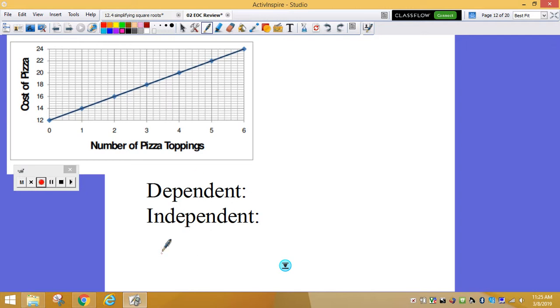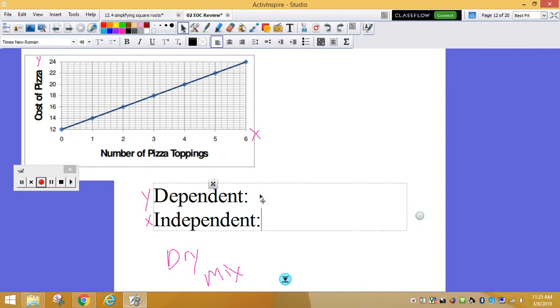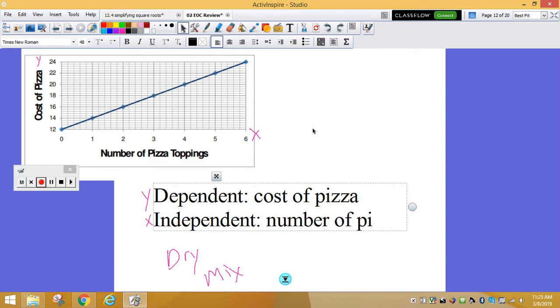Again, you want to think of DRY MIX. So dependent is on the y-axis, independent is on the x-axis, and graphs go x here and y here. So if we said, what's the dependent variable, what's on the y-axis, that's going to be the cost of the pizza. What's the independent, that's on the x, that's going to be the number of toppings.